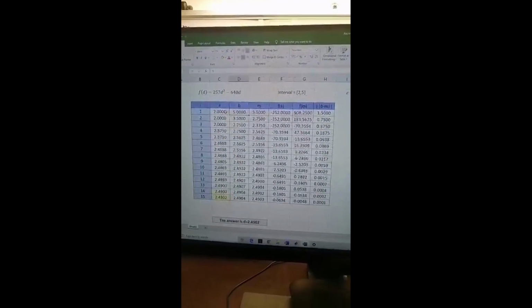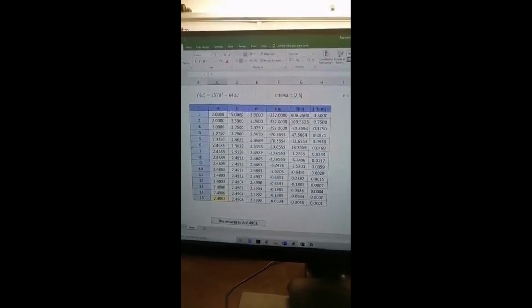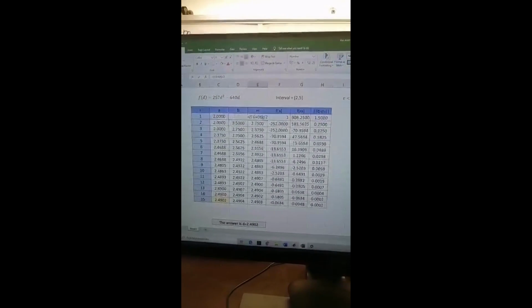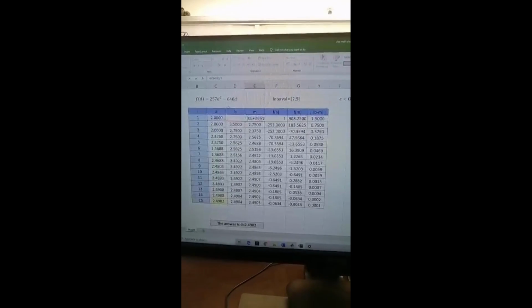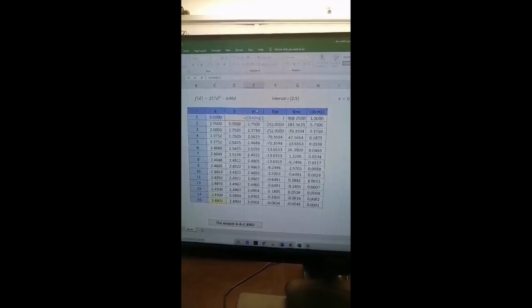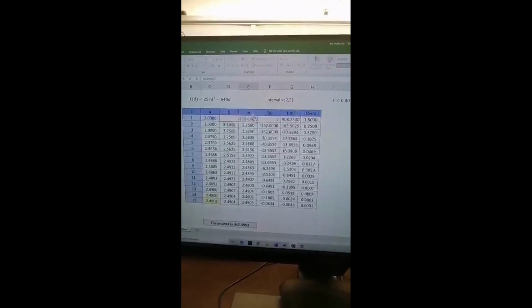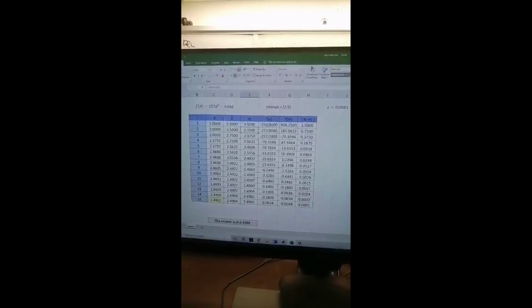We put the values of a and b and find the midpoint. We can calculate it in Excel using a plus b divided by 2.